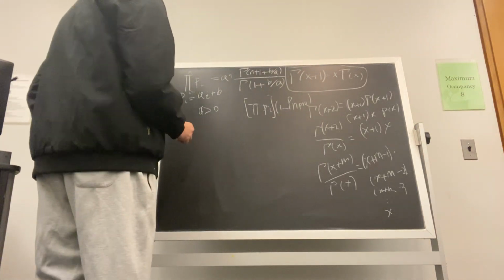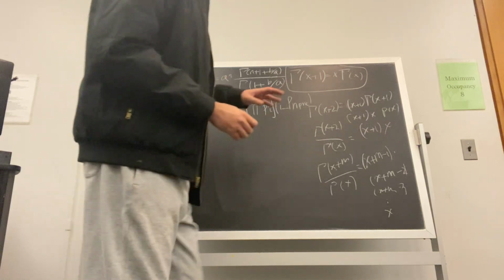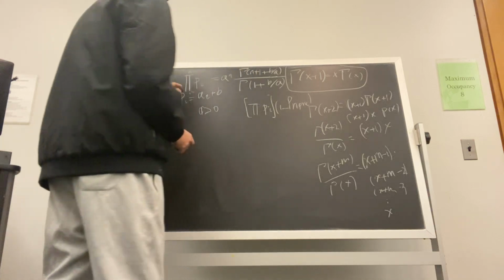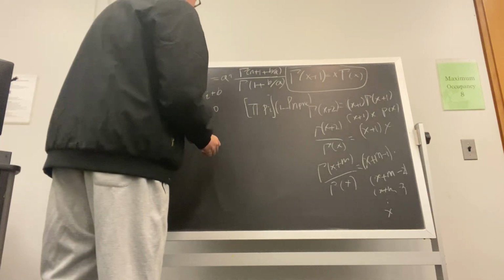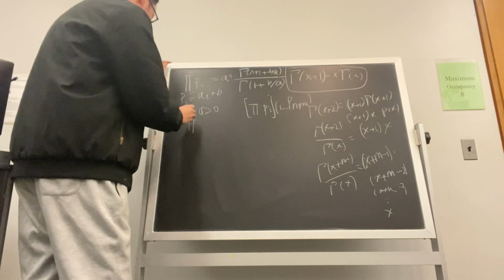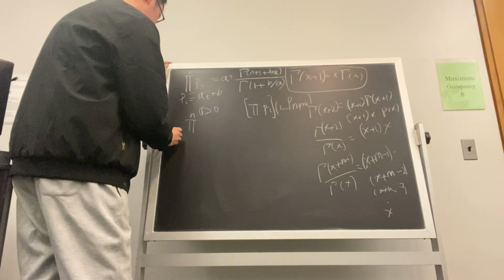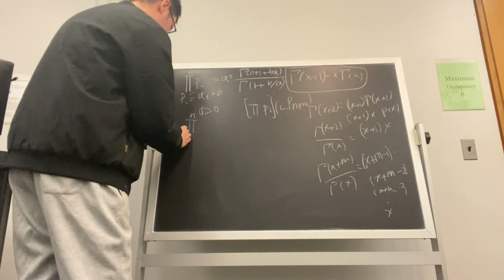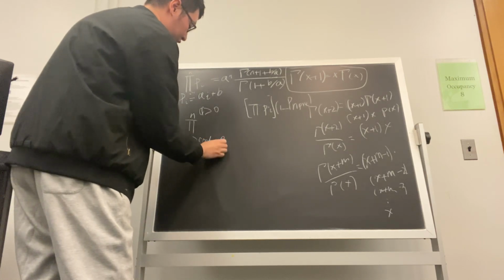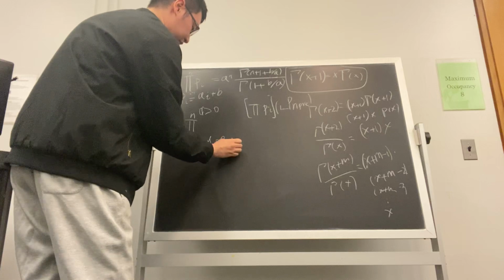I think we can ignore the probability stuff because this is just an algebraic property. So the p of i, we can write this as a form. We're just interested in the product of an arithmetic sequence.